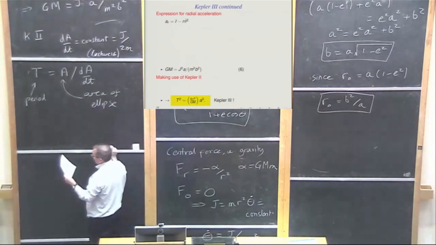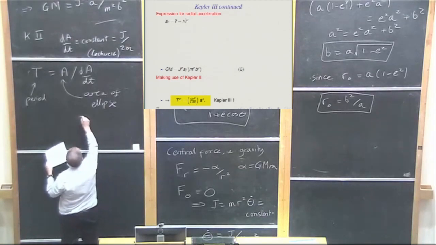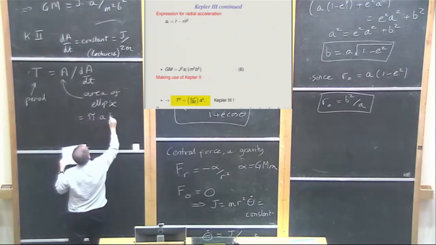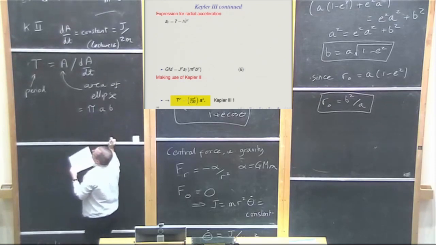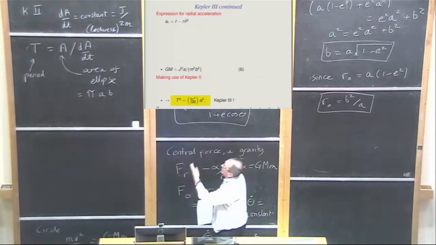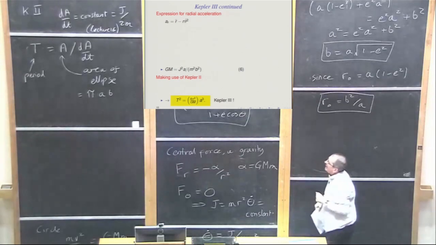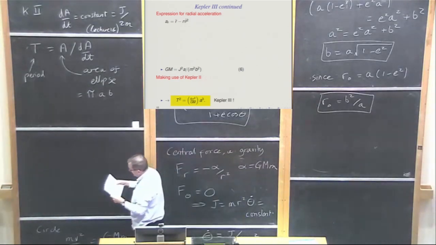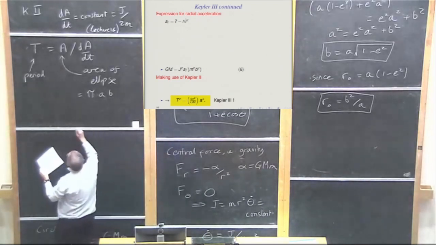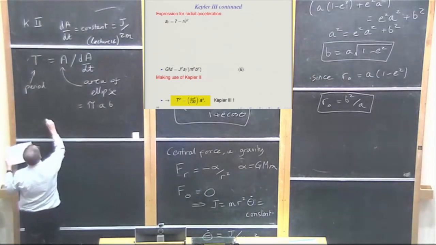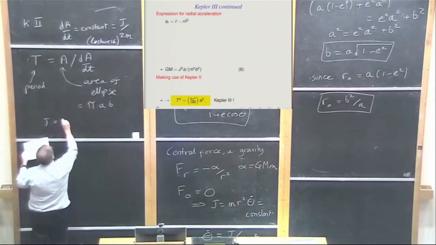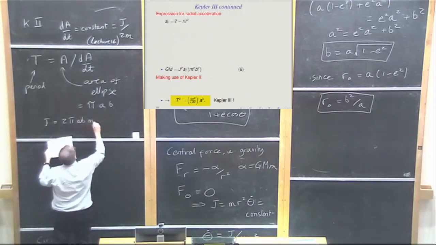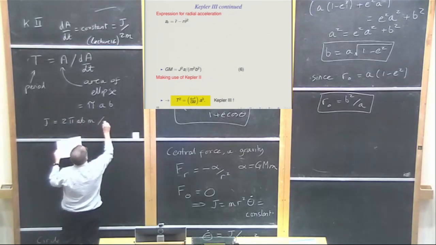You can pull that out of a geometry book. That is nothing more than pi times a times b, okay? Not something I will prove, but it looks plausible. In the case you have a circle, a and b are the same, and it's just pi r squared. Right, so this tells us that j is equal to 2 pi a b m over big T.